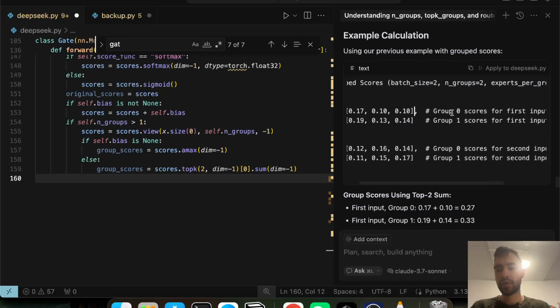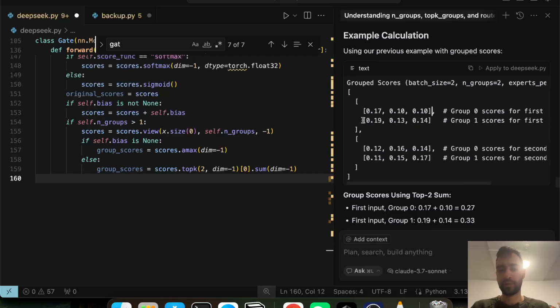So these are group 0 scores for the first input. So first expert, second expert, third expert. And we will take top k, so two highest score experts and add them up. So 0.17 and 0.10. And that will be the score for this group. So this will be the score how this group is relevant to this token.